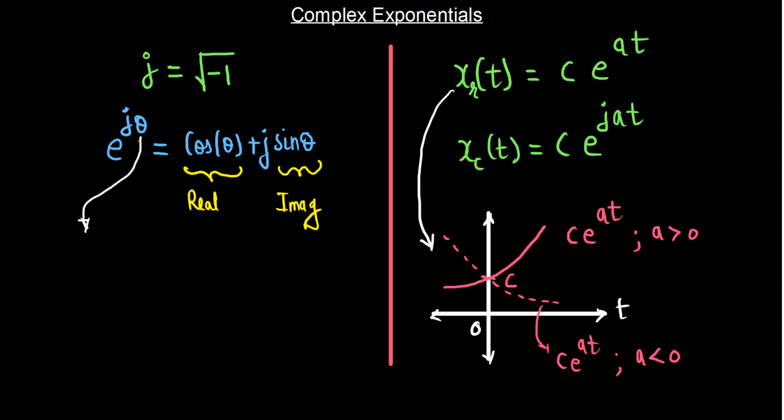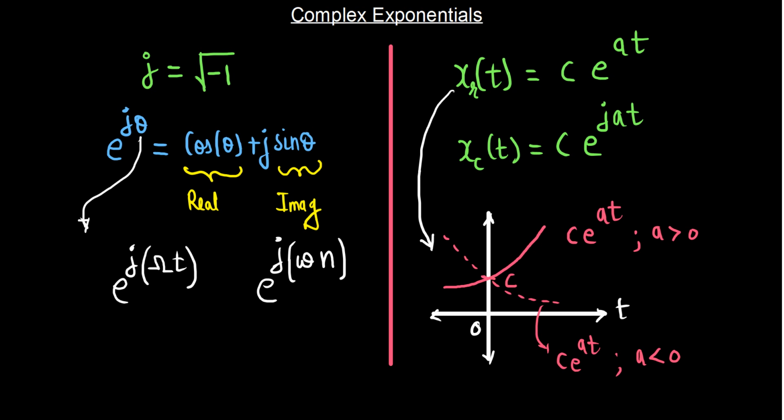When we introduced the sinusoid, the term in parentheses, this theta part, was omega t. That means e to the power j omega t if it is the continuous time case, or e to the power j small omega n if it is the discrete time case.